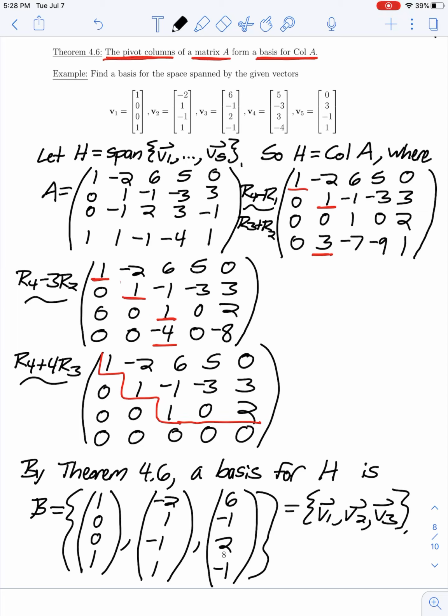They form a basis or a minimal spanning set for the set H of vectors spanned by V1 through V5.